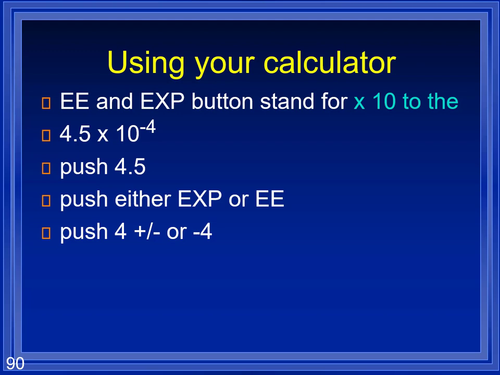On this one, I have to push Shift and then the E, and it just writes the letter E. And then on this calculator, I have to push -4. And on my Texas Instrument, sorry about the glare and the scratched screen, that's how my calculator would write it. That's 4.5 times 10 to the -4th. And you get 0.00045.